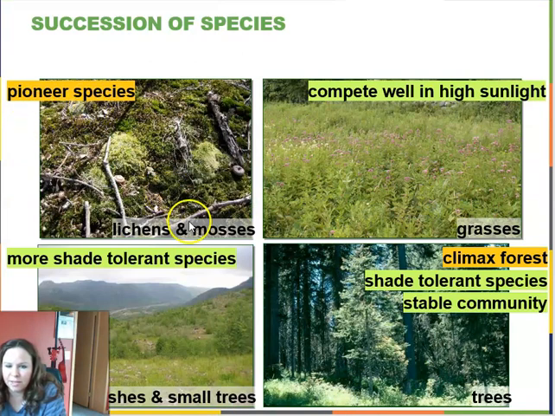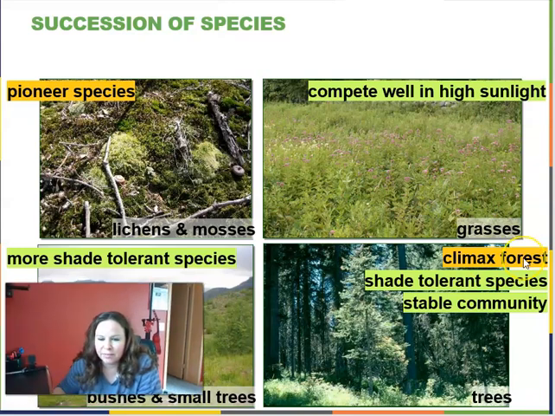Pioneer species, lichens and moss. We get these organisms like grasses, which will compete well in high sunlight because there's no trees or bushes yet. Then finally, bushes and small trees, more shade-tolerant species. And then the climax forest. It's kind of the equilibrium, the end-all beat-all, where we have our shade-tolerant species and our stable community.